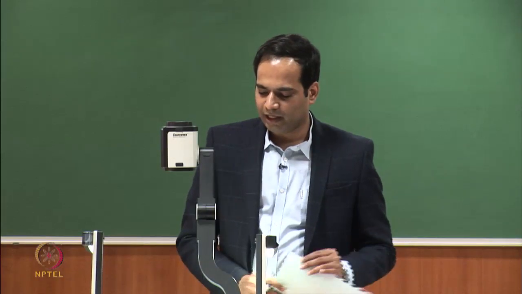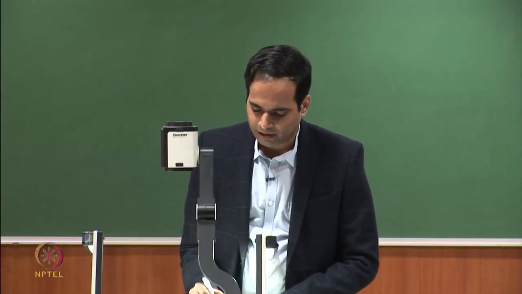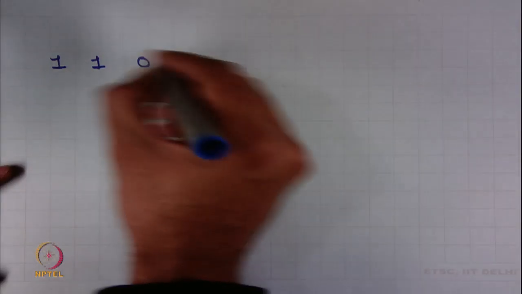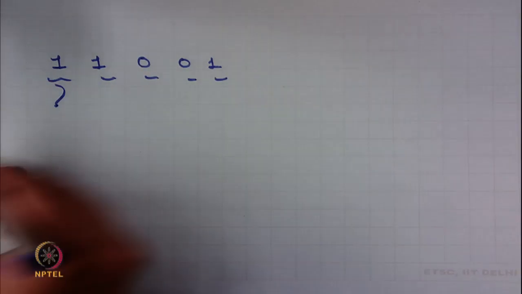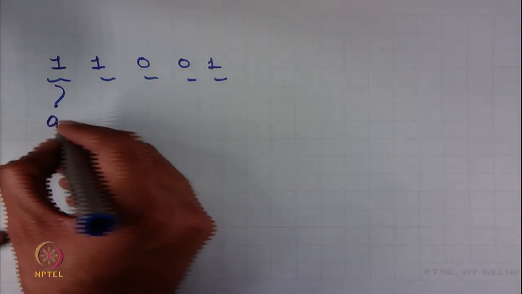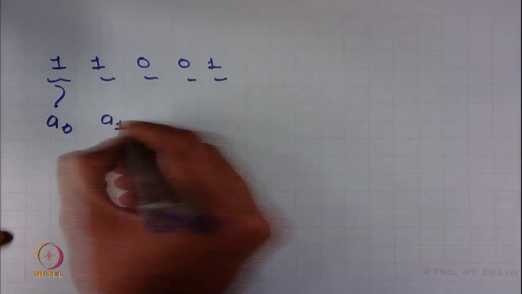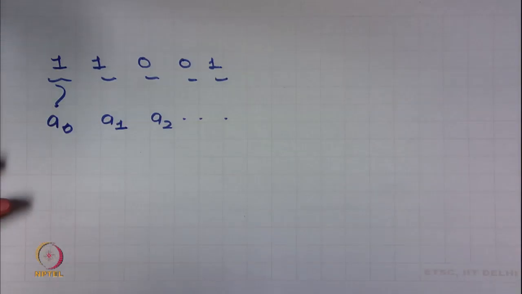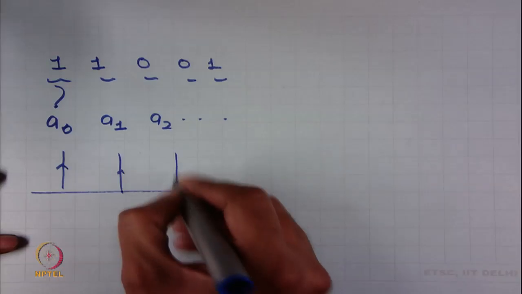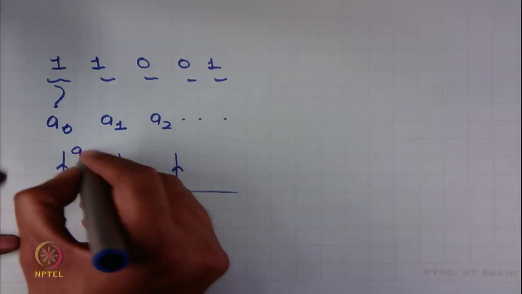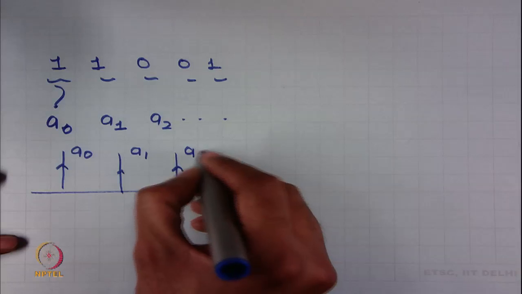What happens is that you have some binary sequence available, and you map this binary sequence to numbers. Let us say I map it to some number a_0, then a_1, a_2 and so forth. I map these logical sequences to some numbers, some electrical voltages, then I create an impulse train, and the weights of this impulse train are decided by these numbers.